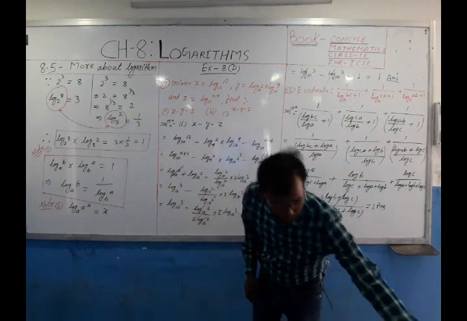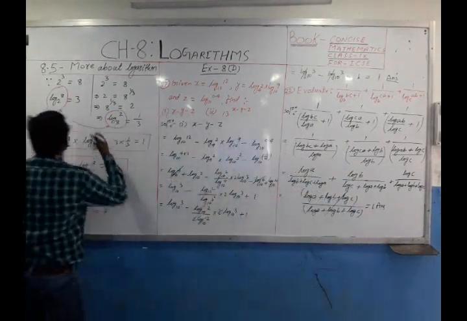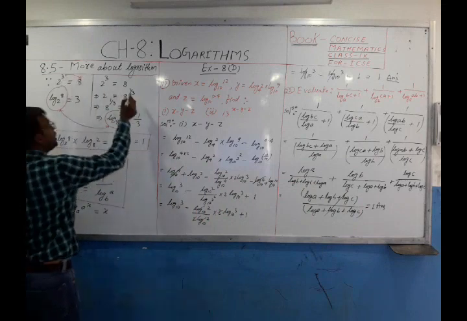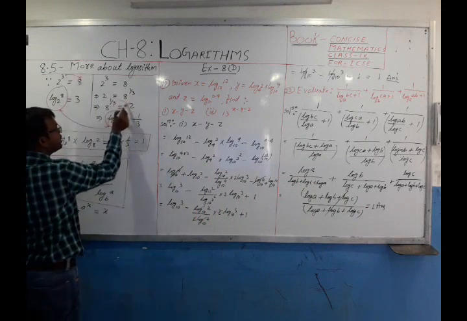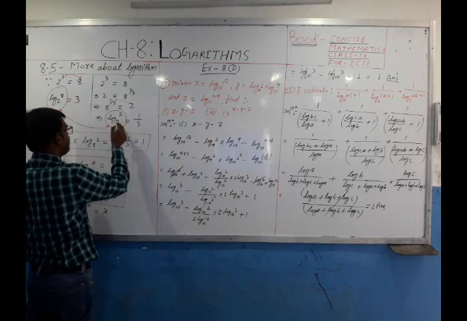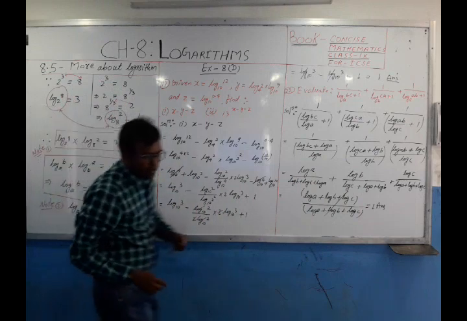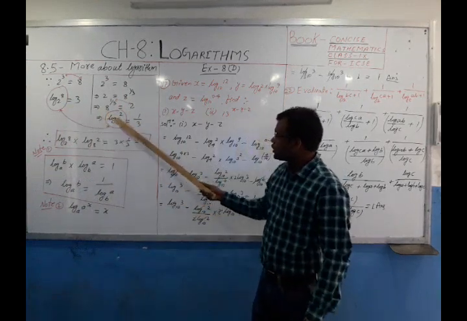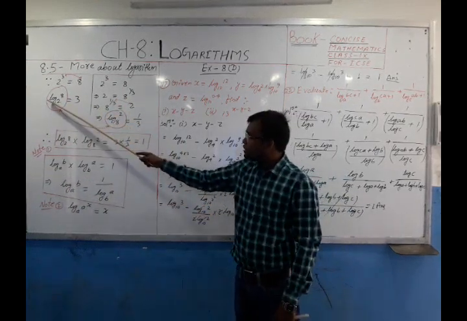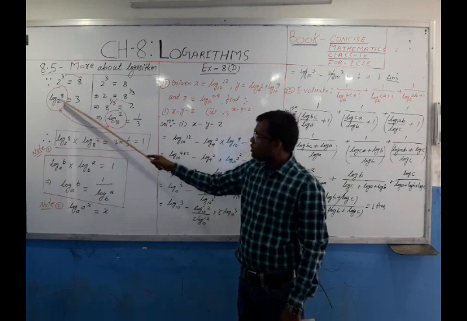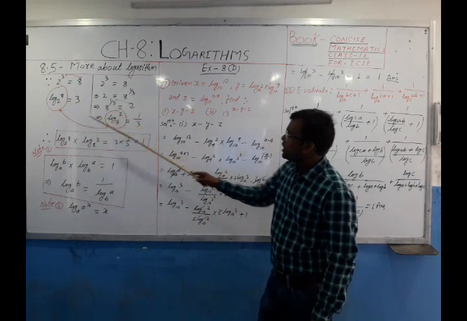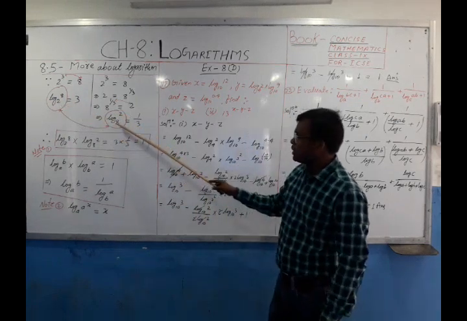How? Just you interchange 3 and 8, and here you interchange 1 by 3 and 2 to convert exponent to logarithms. And see what is the difference between these two relations. It becomes log 8 base 2 and it becomes log 2 base 8. That means here base is 2 and here base is 8.